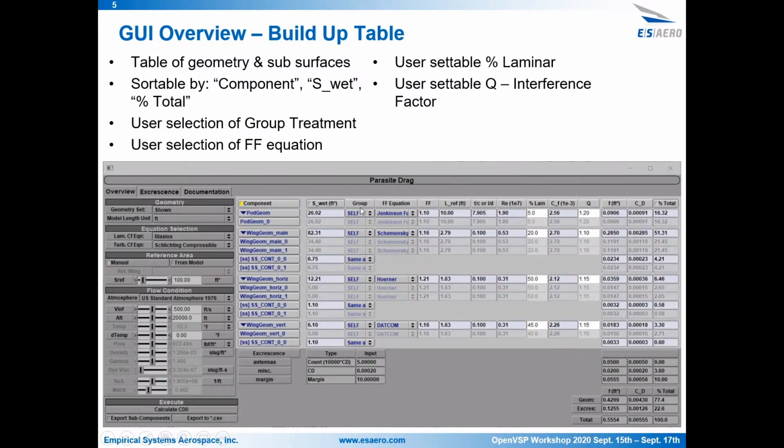You can select some different groups here, different grouping treatment. The form factor equations are settable here, and then you can set percent laminar flow and the interference factor. And then there's also some additional settings depending on the group and form factor equations.